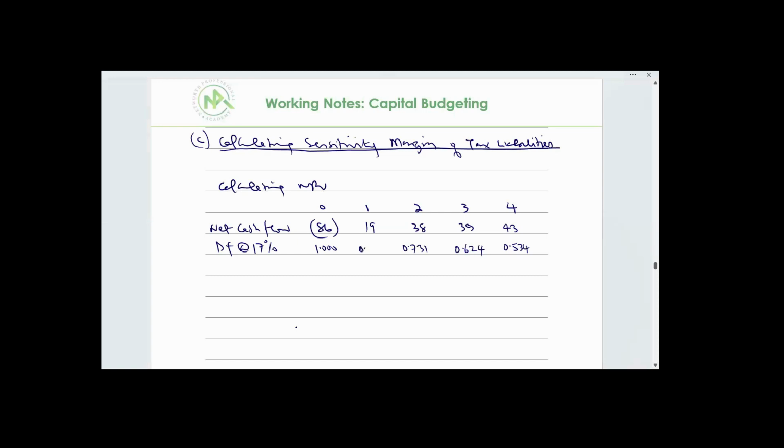Then it will be 0.855. So multiply. Let's get the present value.